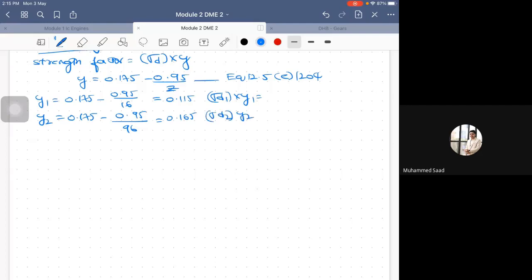Just substitute: sigma D1 is supposed to be 103 into 0.115. Here it is 55 cross 0.165. Based on these values, you are going to decide which one is weaker, based on the lowest value, whichever you get.